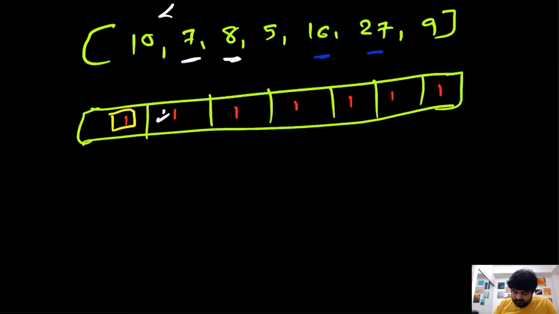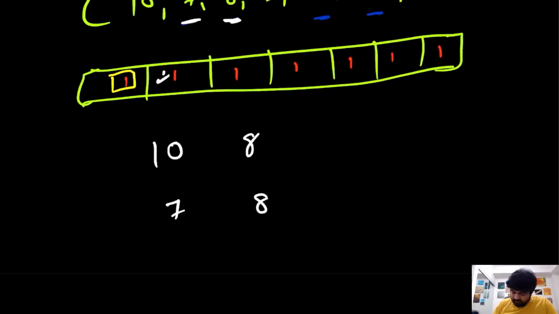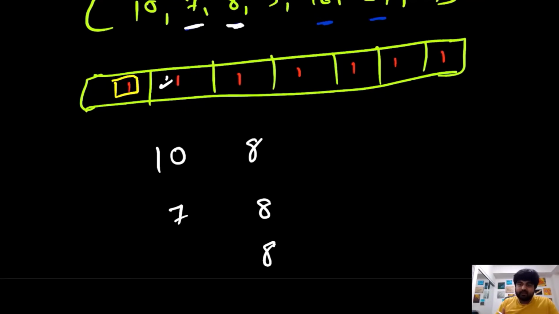One possibility is a substring like 10 and 8. The second is the substring 7 and 8, and the third is the substring 8 by itself, in case all the values before 8 are greater than 8. In this scenario from 10 to 8, we know that 10 is already greater than 8, so we cannot create a substring over here. So let's ignore this scenario.